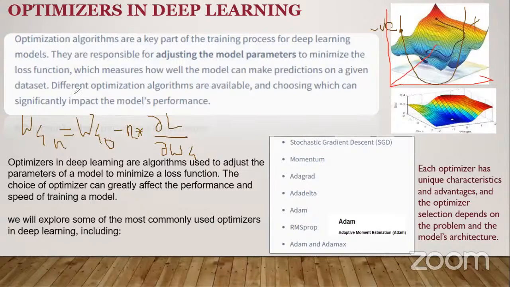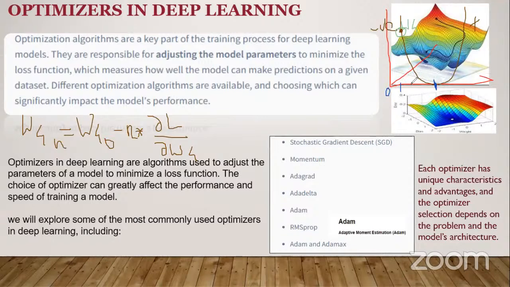I am trying to calculate the new values, and somewhere here is my W4. If I try to reduce the values in such a way and take the derivatives, if my slope is on the negative side, and let's say this is the minima point, I'm trying to denote it here, where I can reach 0.